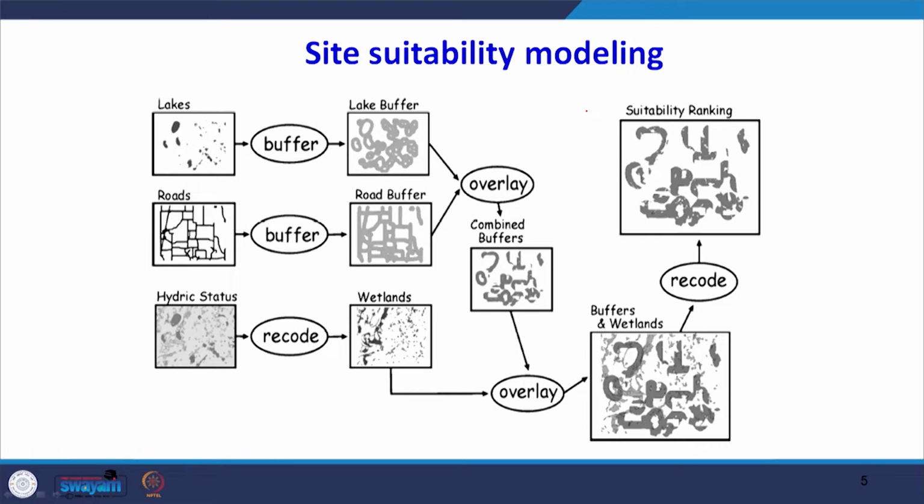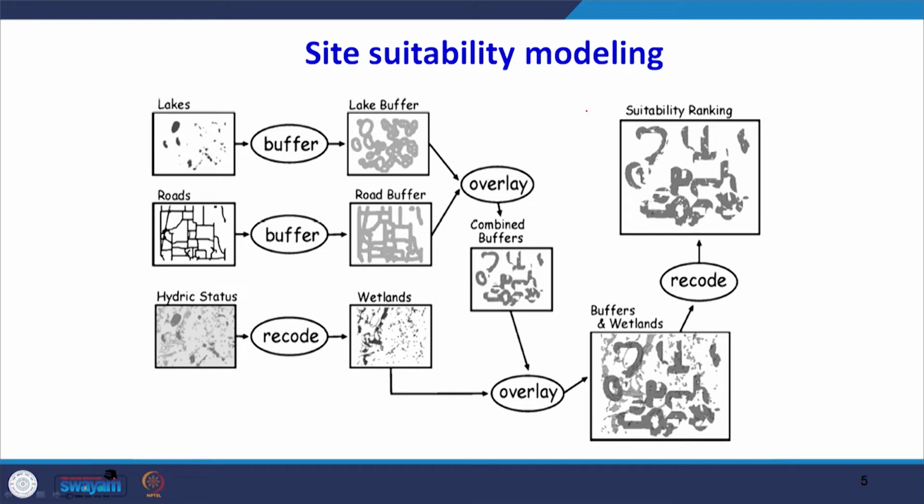There are a large number of GIS applications where, looking at the whole area with a similar approach, we prioritize the area and find out which is the most suitable area and which is the least suitable area. We focus more on the most suitable area, collect more and more parameters in detail, study that, and then find out what is feasible and what is not feasible.